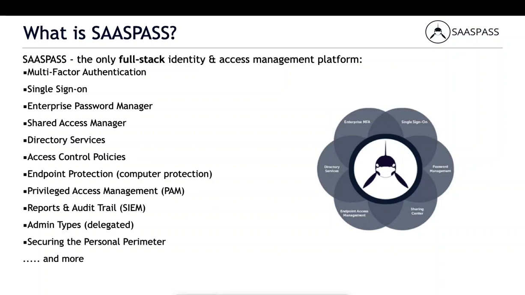SAASPASS has another dimension: securing the personal perimeter. Users who have social media accounts, like a Facebook account or a Twitter account, can also use SAASPASS to secure these accounts, because you know there are some social attacks.